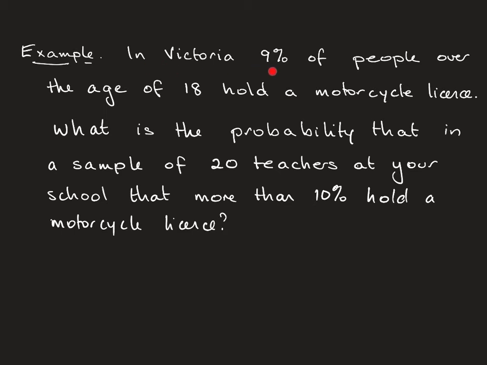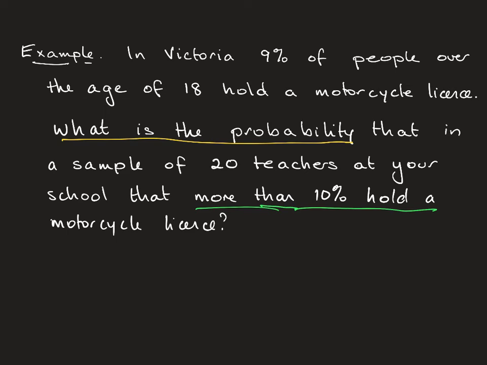In Victoria, 9% of people over the age of 18 hold a motorcycle licence. What is the probability that in a sample of 20 teachers at your school more than 10% hold a motorcycle licence?